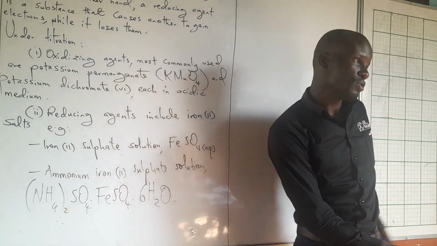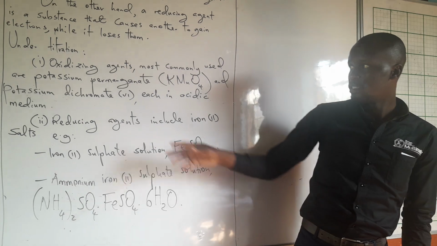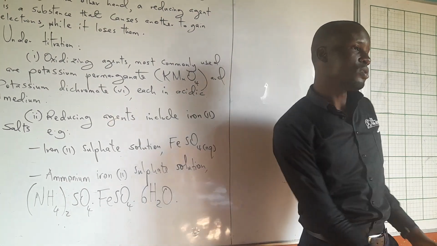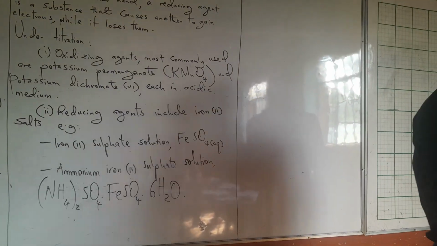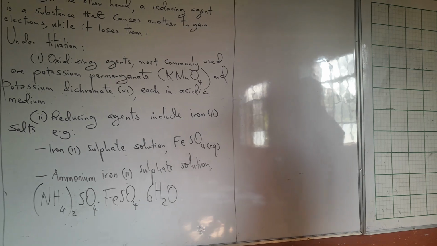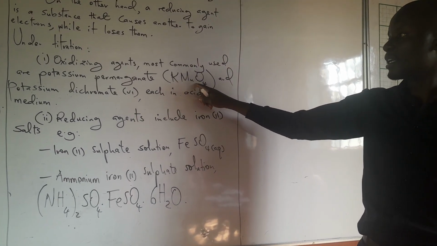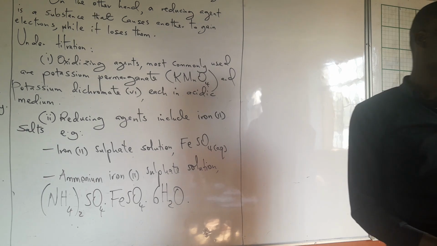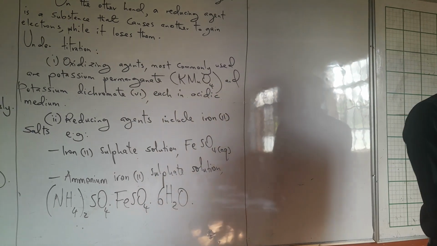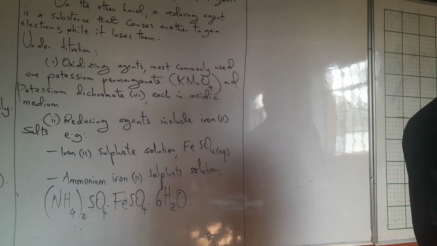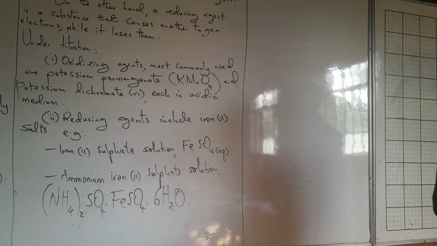Maybe you're asking yourself, why are we saying these two substances are used in acidic medium? When we use, for example, potassium permanganate or potassium dichromate(VI) in their neutral forms, they are not going to be reduced fully.